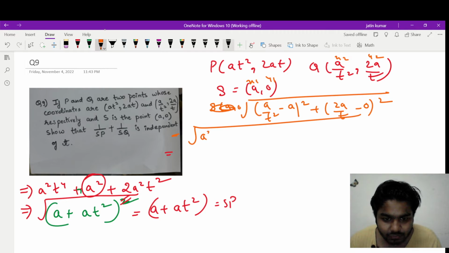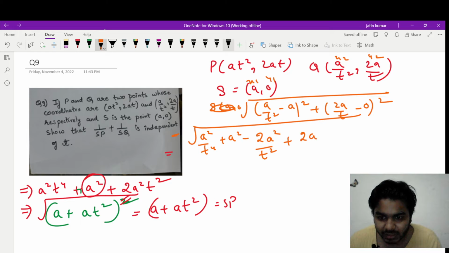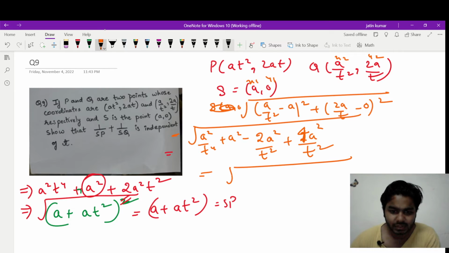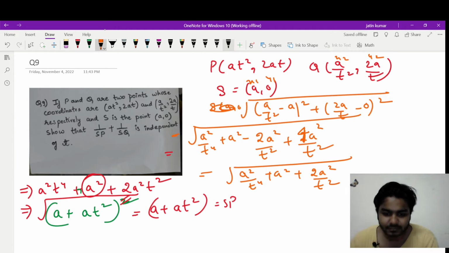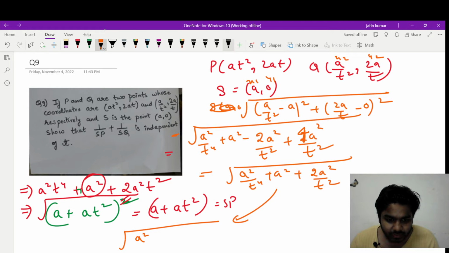So it will be a square upon t4 plus a square minus 2a square upon t square, and plus 4a square upon t square, okay. So whole under root, it will be a square upon t4 plus a square plus 2a square upon t square, okay.